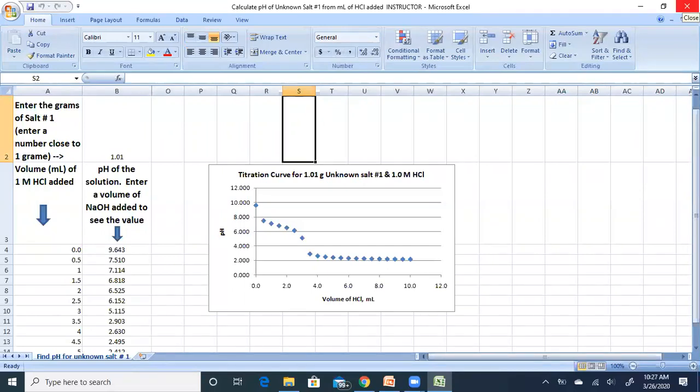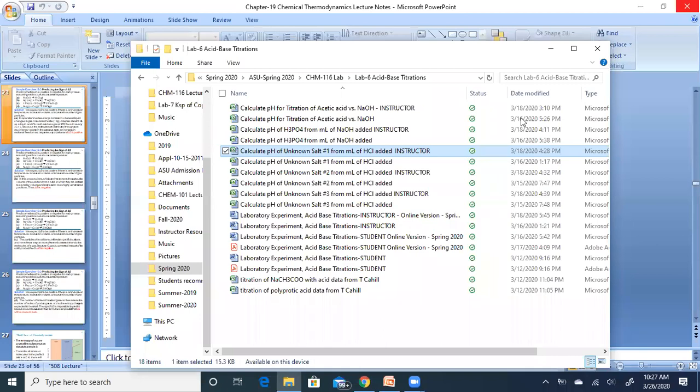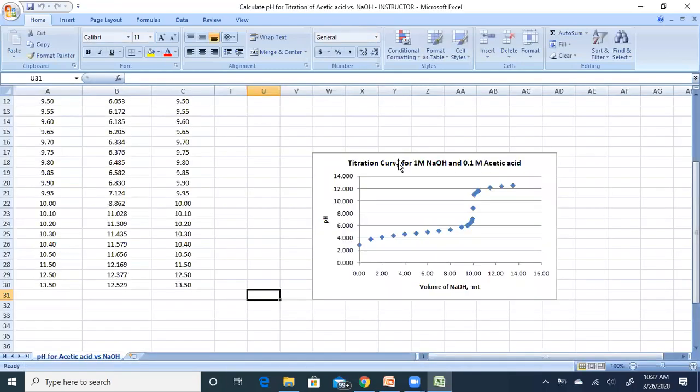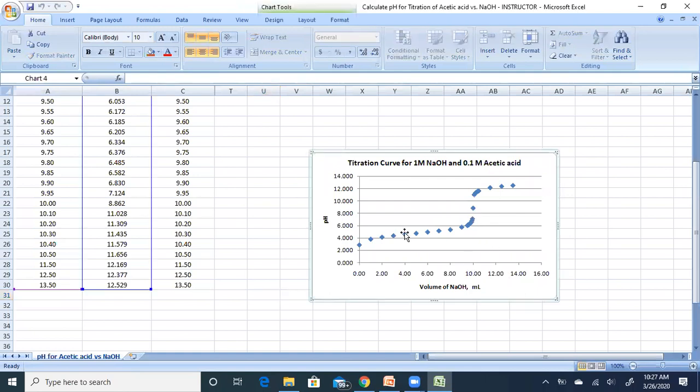So when we studied that chapter, I think chapter 17, you see the equivalence point for this titration of acetic acid with NaOH. We have the pH, and as we said before, we can identify our equivalence point.